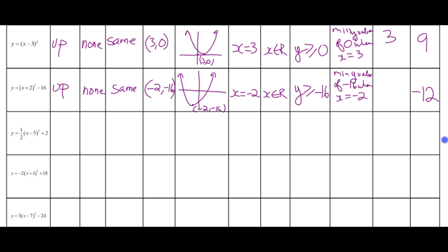Okay, and the x-intercepts. Let's write this in here. Y equals 0 minus 2 squared, 6. Minus 6 or 2.